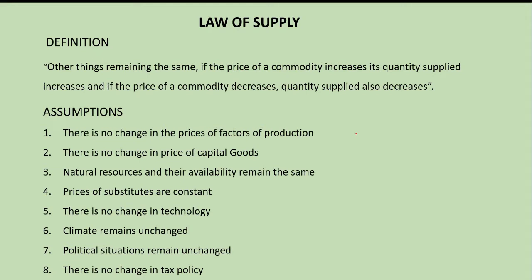In the law of demand, we studied that as price increases, the quantity demanded decreases, or as the price falls, the quantity demanded increases. This was the law of demand which we studied in the second chapter. So there is an inverse relationship.